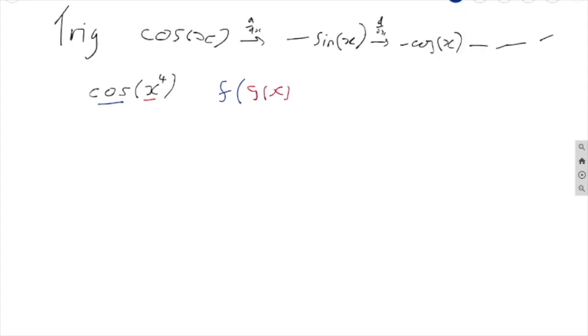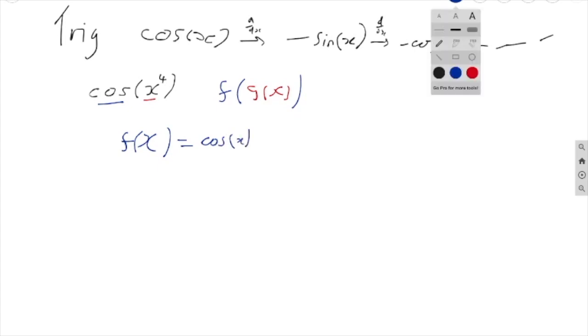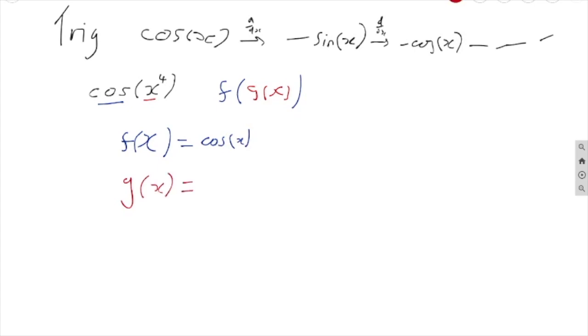You follow my logic? So in this case, we can call f of x equal to cos of x, and we can call g of x equal to x to the 4.